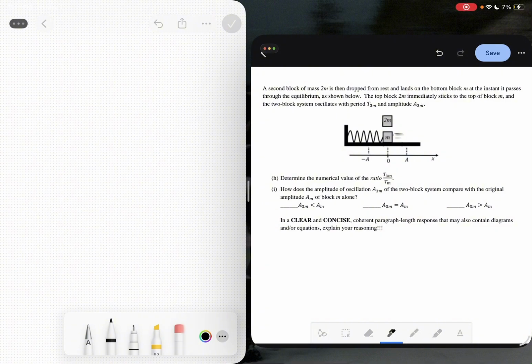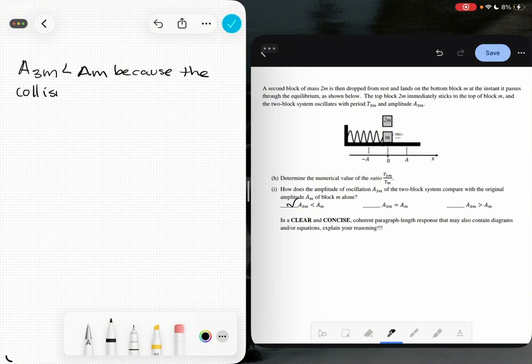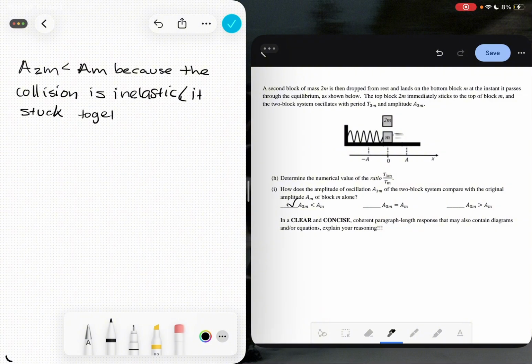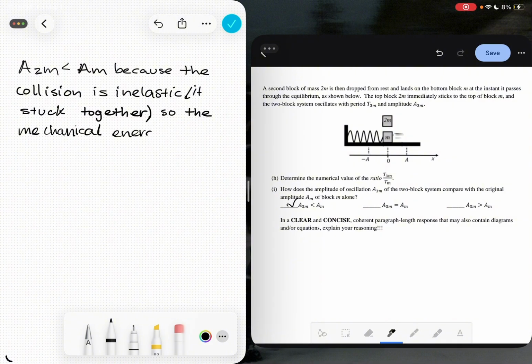For part I, A3m is less than Am, because the collision is inelastic, because it's stuck together. So the mechanical energy is not conserved.